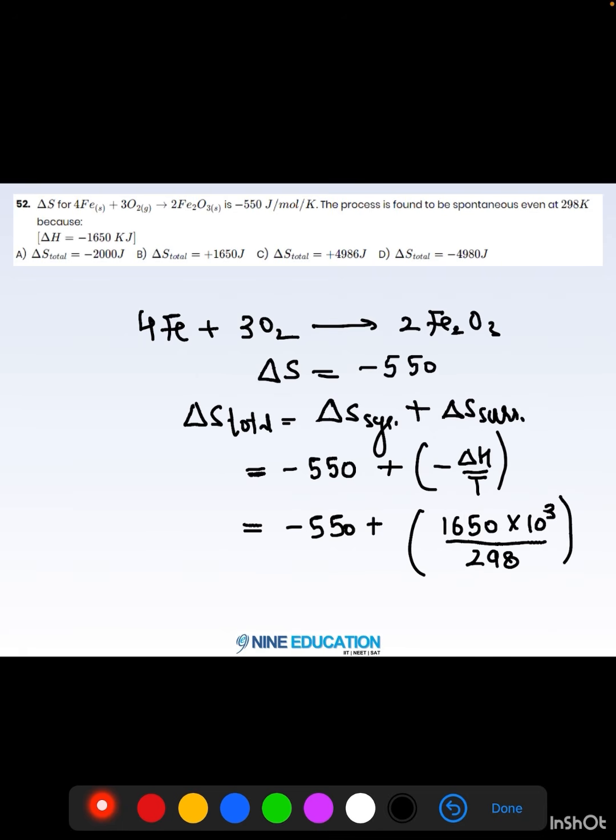So let me put 298 here, and after you solve this calculation, you will simply get the answer, which will come approximately 4986 joule, which will be in plus, right? Plus 4986 joule would be the answer. So the option C would be the correct answer for this.